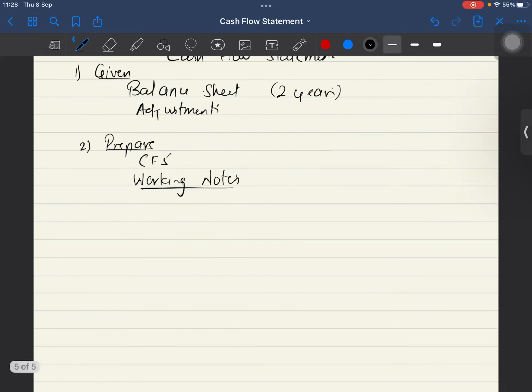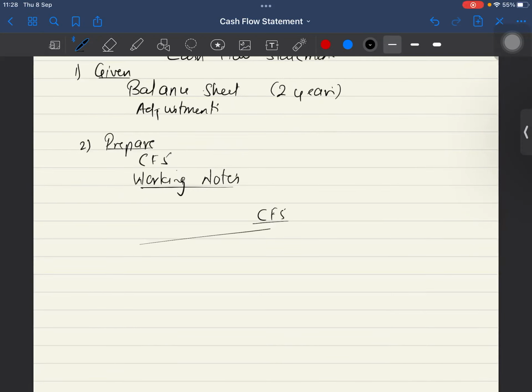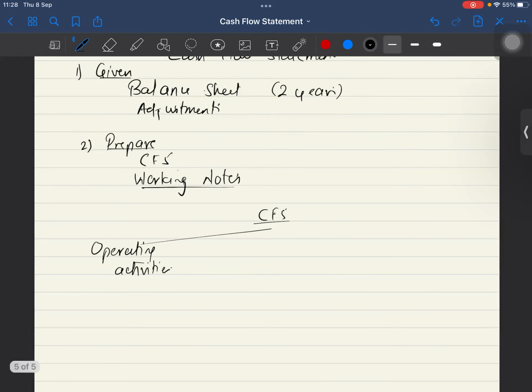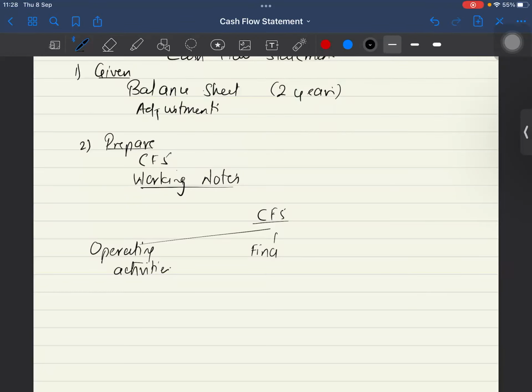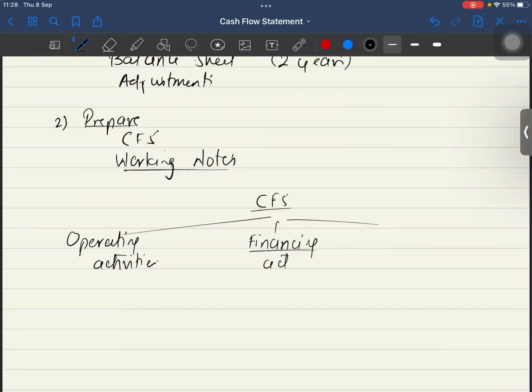The cash flow statement basically comprises of 3 things. The one is your operating activity. The other one is your financing activity. And the last one is your investing activity.